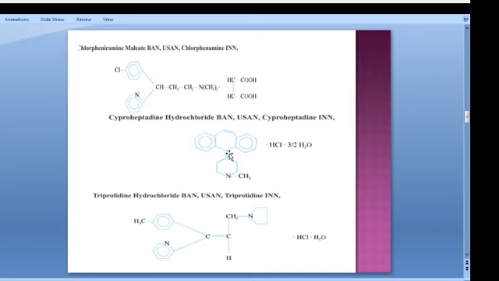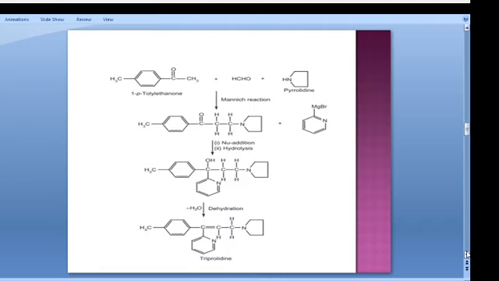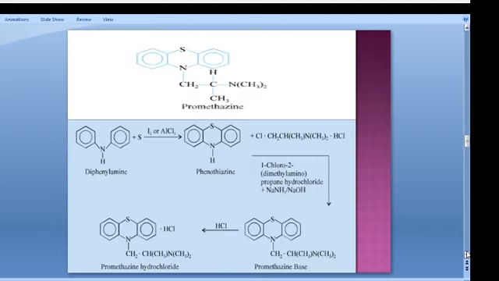It is used as an antipruritic, and also as an anti-serotonin and antihistaminic. If one consumes more of this drug, it can cause obesity. So that is cyproheptadine, and you have seen the triprolidine synthesis.